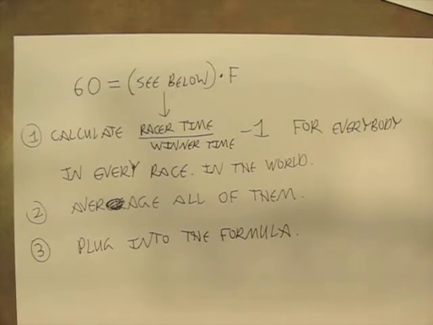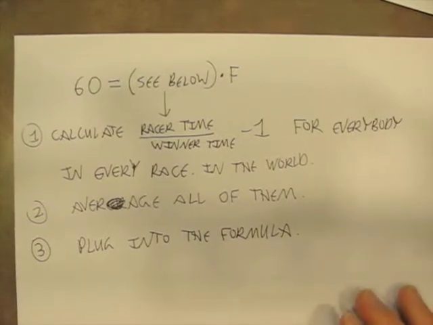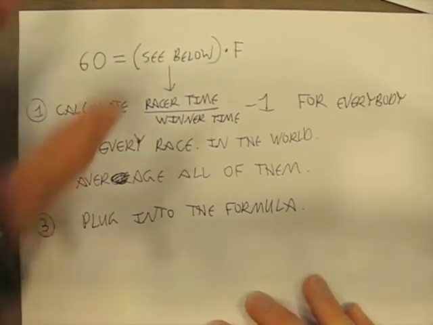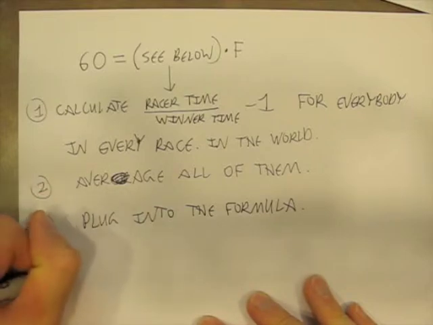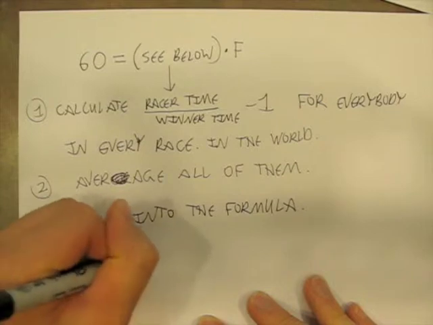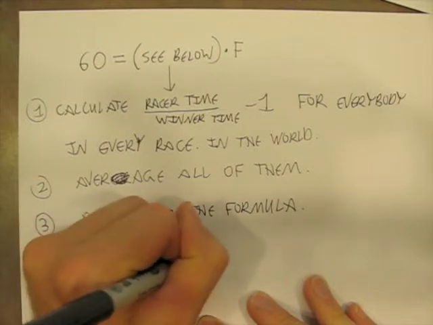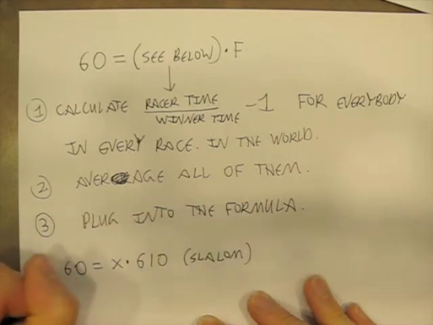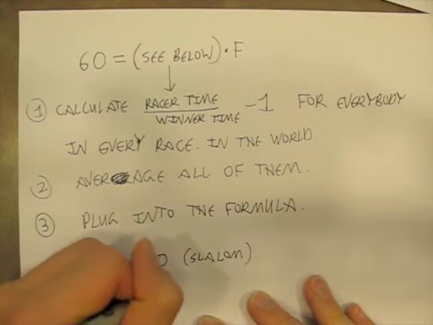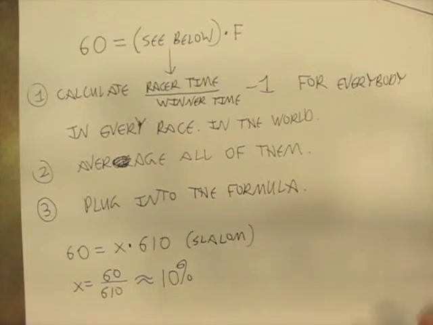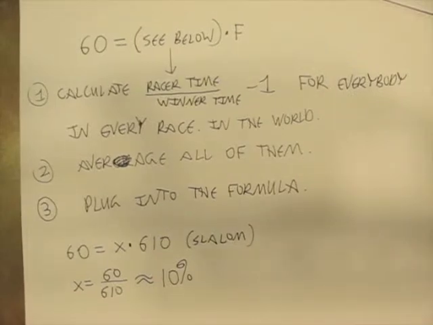Okay, so if I want to know that, what I'm going to do is say 60 equals x times 610 for slalom. x equals 60 divided by 610, which is approximately 10%, roughly speaking. I'm not going to go deeper than that.